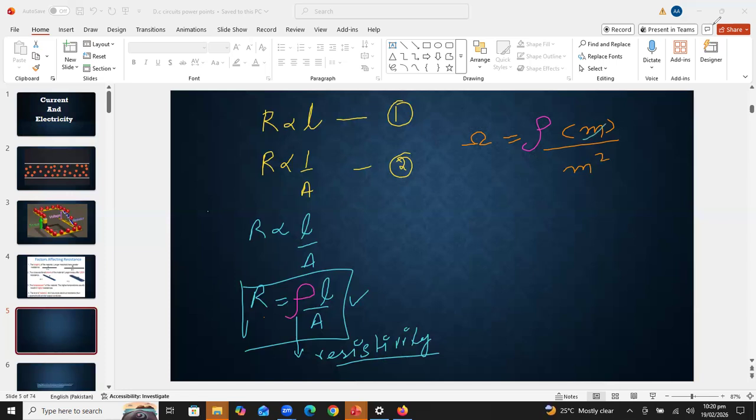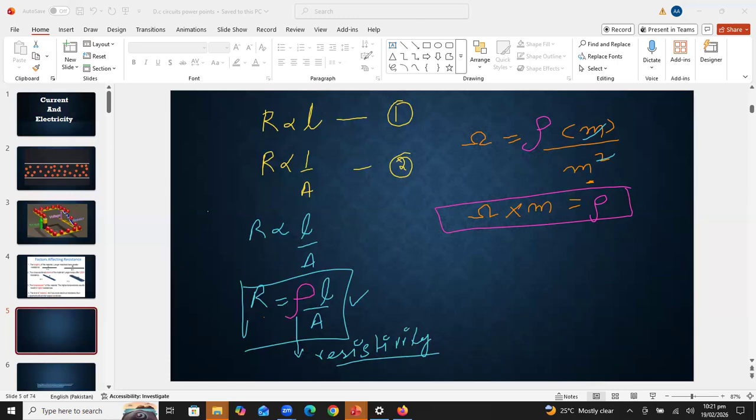So this meter and this square will be cancelled. Which term is remaining? Resistivity. This meter is dividing here; on the other side it will be multiplied, and we get the unit of resistivity. So resistivity is equal to ohm meter.